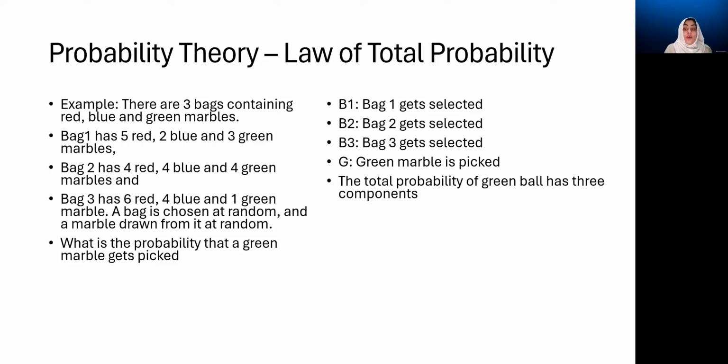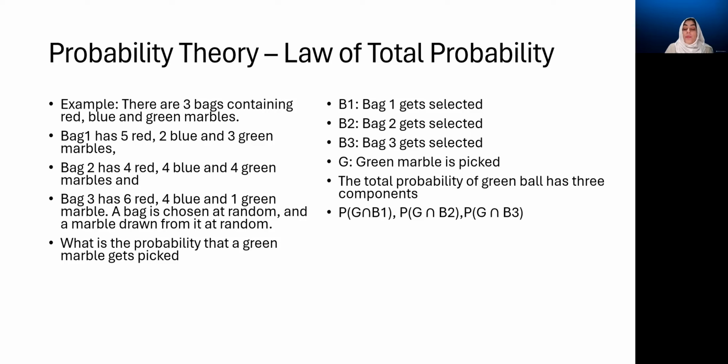Now, the total probability of a green ball has three components. It could be that bag B1 was selected, and then the probability of a green ball will be decided based on the composition of bag 1. Similarly, if bag 2 was selected, we'll decide the probability based on B2, and similarly for B3.